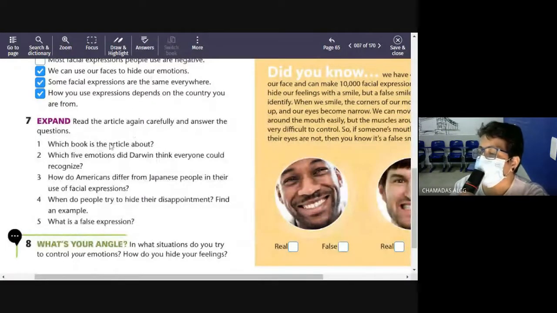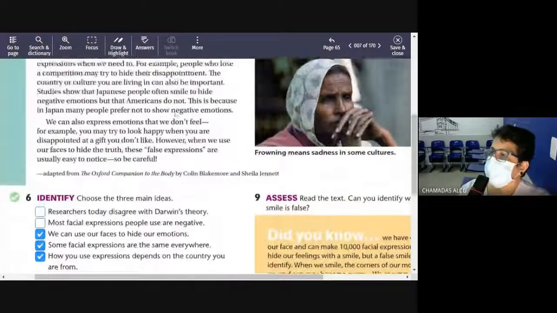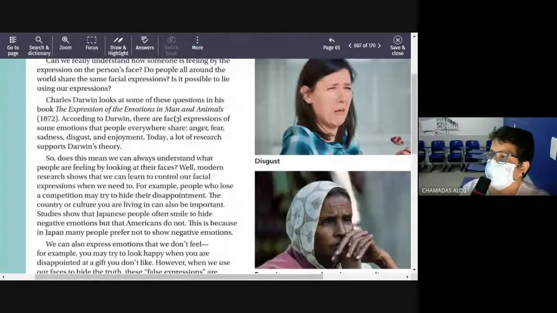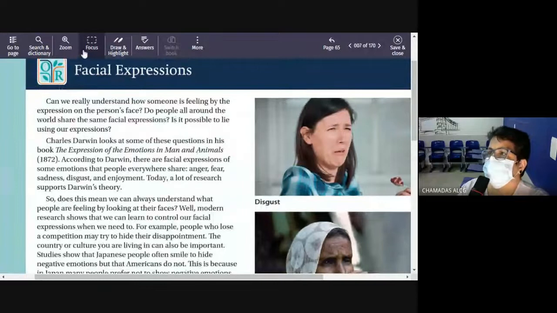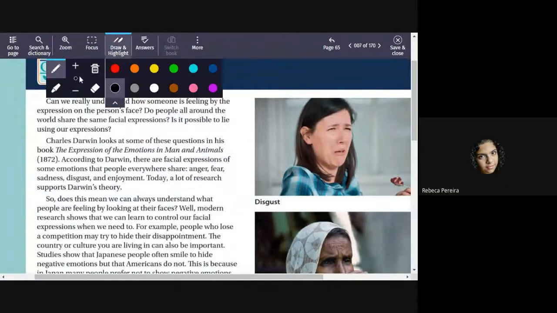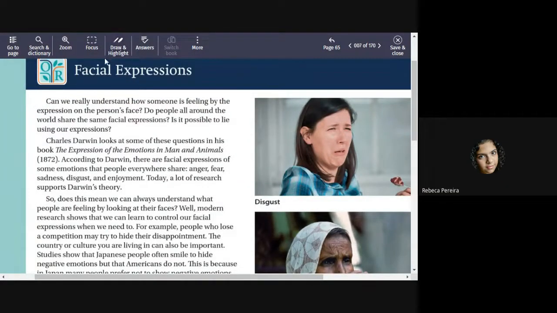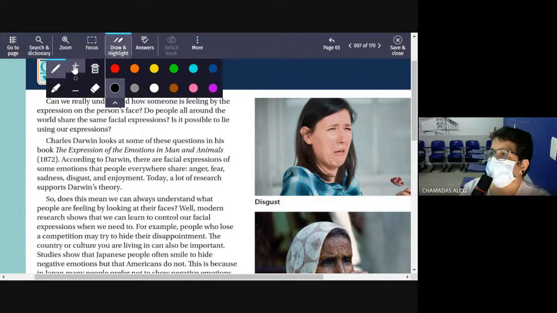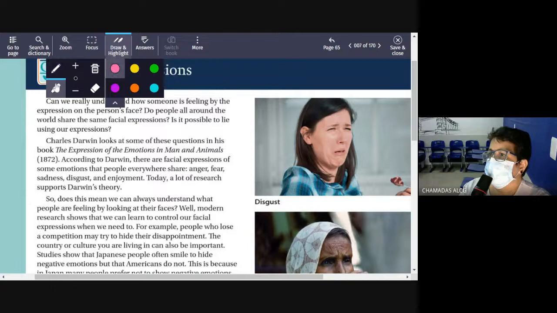Which book is the article about? Let's see. Here. The Expression of the Emotions in Man and Animals. Yes, it's right there. Let me see if we can get the answers.